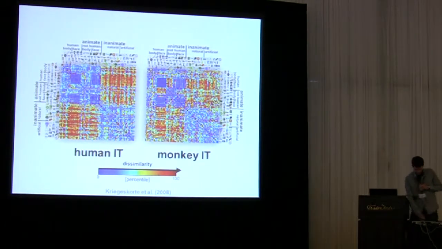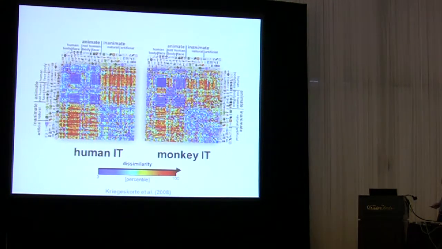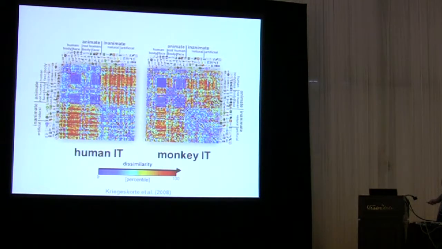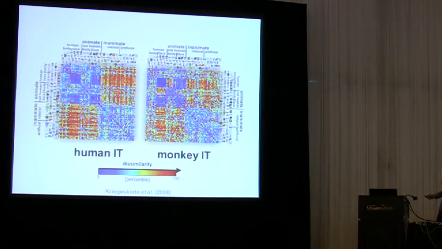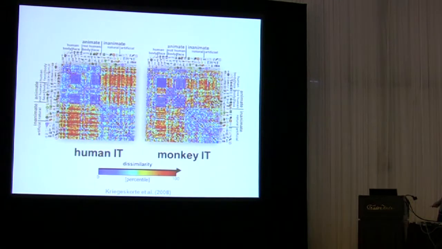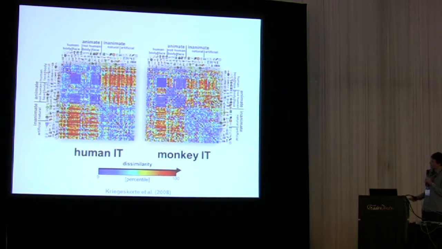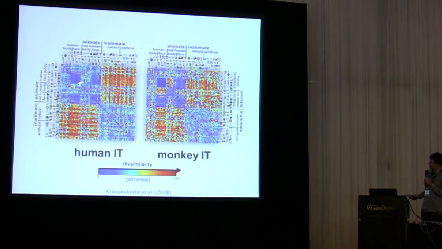So here's a result that's been haunting me for the last 6 years or so. It's from 2008, where we did this in humans and monkeys, and we did this for a set of 92 different images, which you see lined up here. Half of them were animate, half were inanimate, and there are bodies and faces of humans and animals here. And you see that these matrices are strikingly similar, and they both show this strong categorical structure where all the animates cluster together, all the inanimates cluster together, the human faces, the animal faces, and also actually human and animal faces form a single cluster, and that's strikingly similar between these.